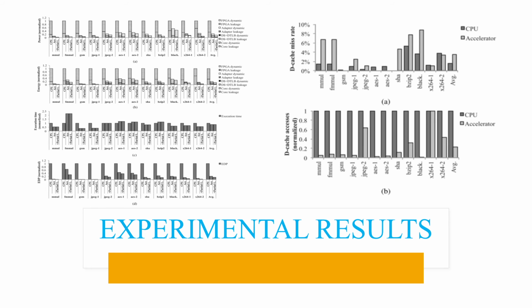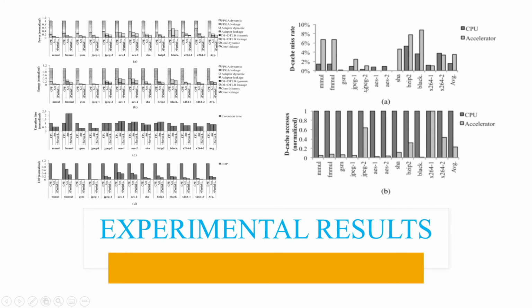All the results are normalized to that of the CPU. When estimating the CPU power and energy, we include the data cache (TLB) and instruction cache (TLB) inside the core. When estimating the accelerator power and energy, we only include the data cache and the TLB, since the accelerator only accesses them.